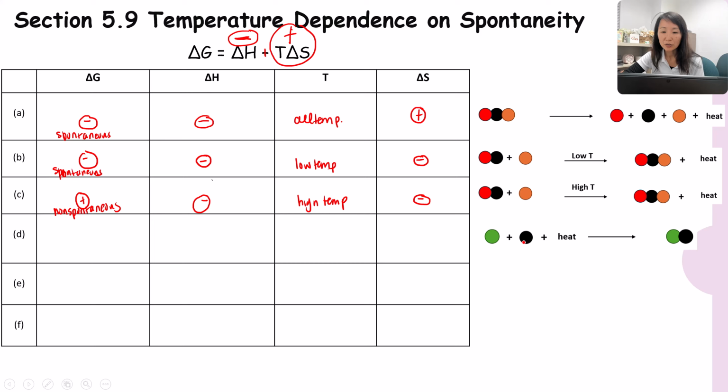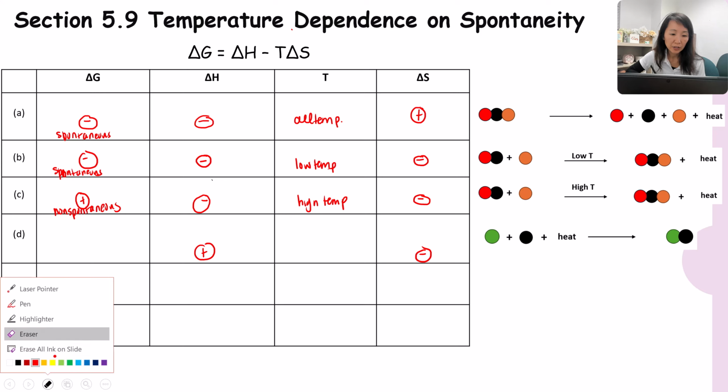If you look at this, you notice the entropy is decreasing. So that is negative since 2 molecules are becoming 1. Whereas delta H is endothermic, it's not giving off heat, but adding heat inside. In this scenario, think for a moment of this equation. So I'm going to erase this.